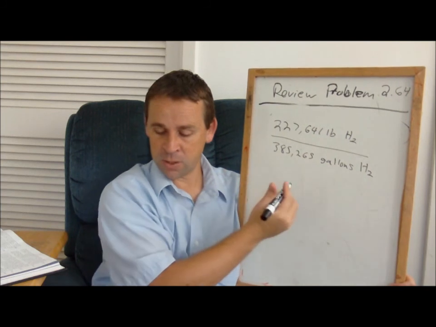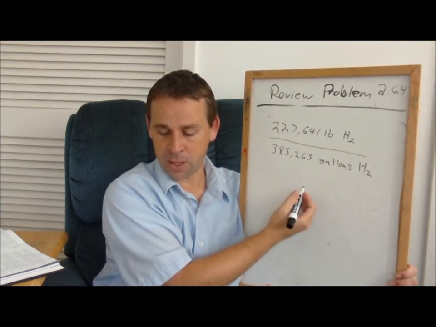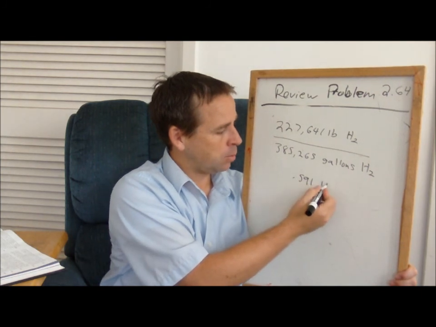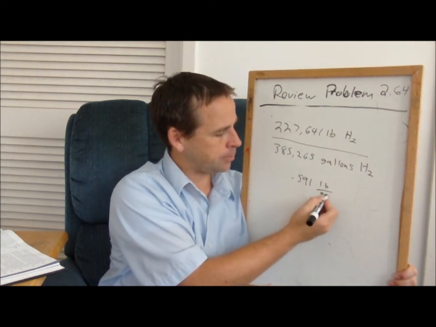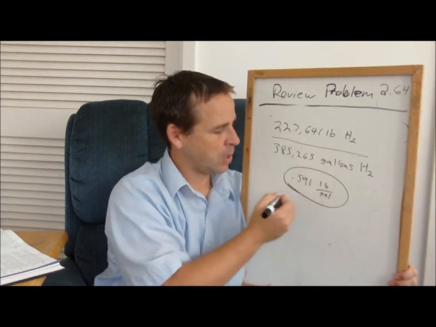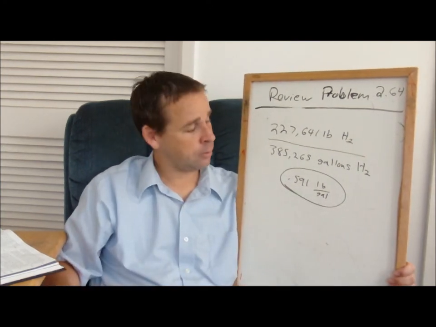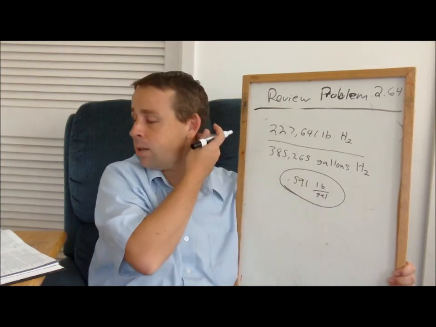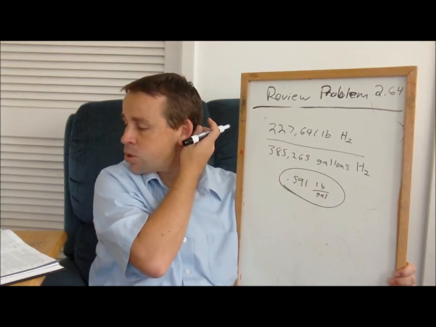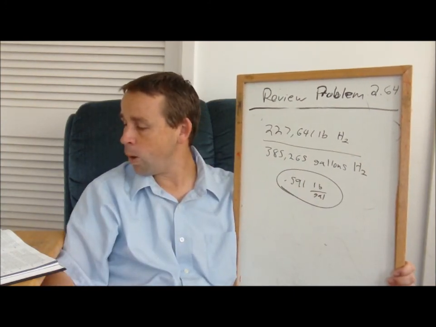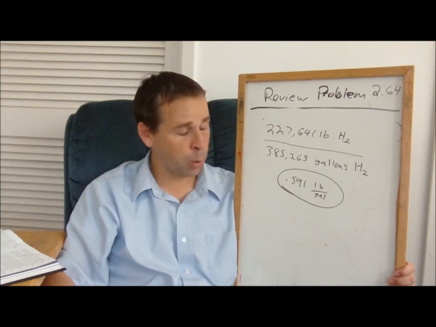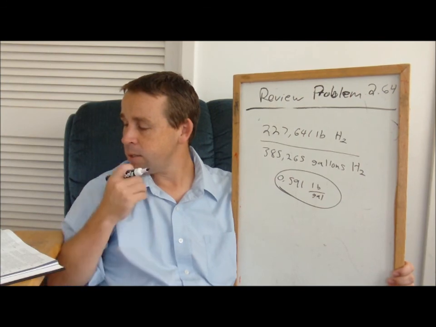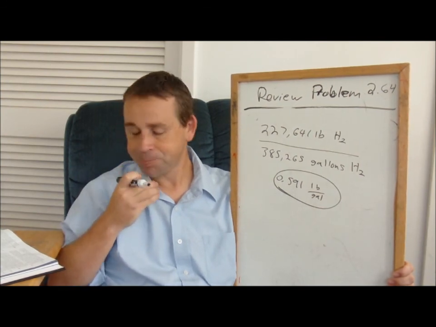They said 3 significant digits, so we rounded 0.5908 to 0.591. 0.591 pounds per gallon. That's the density of hydrogen gas in pounds per gallon. And now we're supposed to determine what 0.591 pounds per gallon is in grams per milliliter.